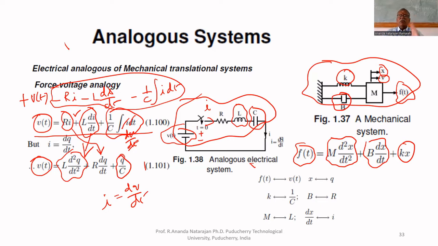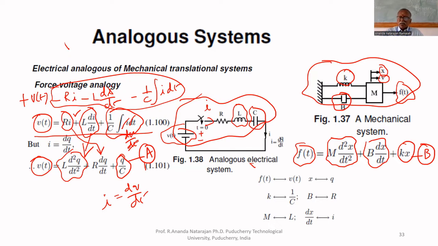We are writing in terms of q, in terms of charge, that's all. If you see equations A and B, B is the differential equation governing the mechanical system, and A is the differential equation governing the electrical system.